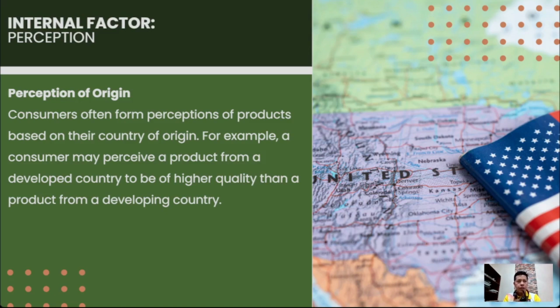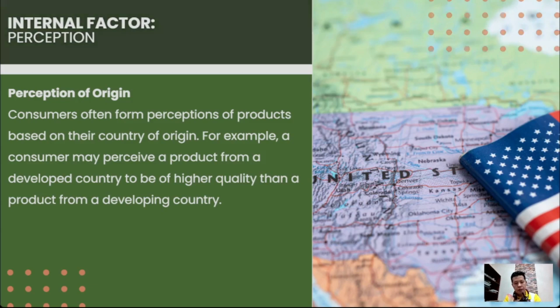And many of those products that you're using that are made in the United States are actually made in China, or probably somewhere in Thailand or in India, for that matter. So the perception of origin may not actually be true, but it does have an effect on how a consumer or a customer decides on a purchase decision. So it is a very important thing.